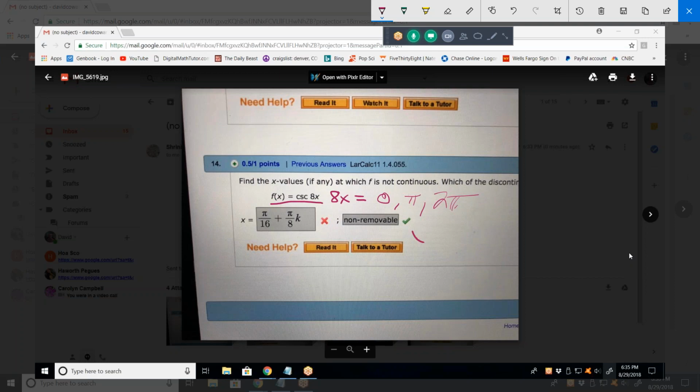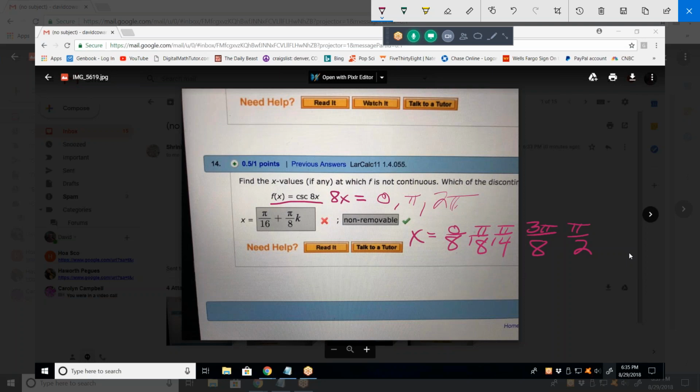So x is going to be equal to 0 over 8, pi over 8, pi over 4, 3 pi over 8, pi over 2, and so forth. I don't know that they listed a domain here as to how far up we should go, but we'll start there.